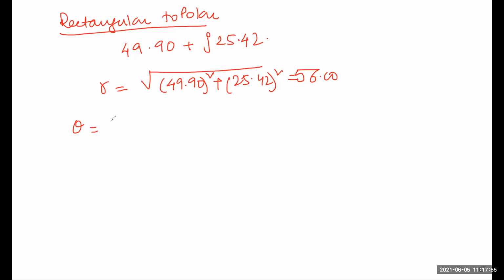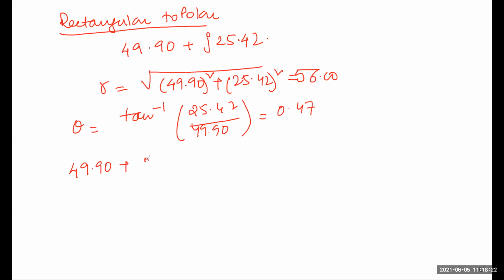Theta will be what? Tan inverse of 25.42 divided by 49.90. What is the value coming? It will come somehow 0.47. Okay, 0.47.